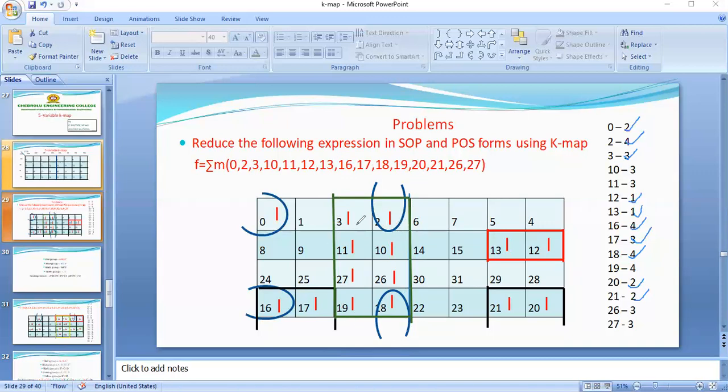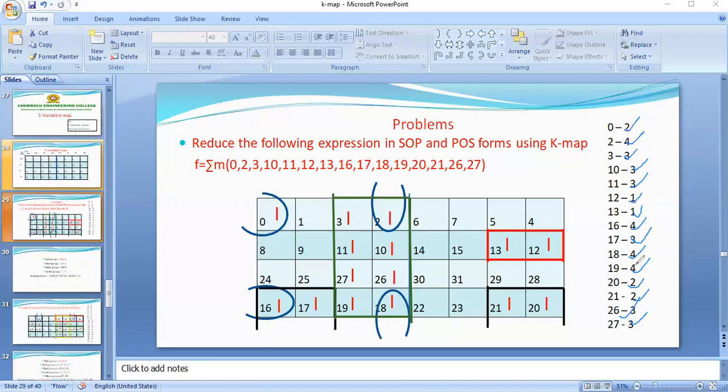So what are the minterms involved in this group? 3, 11, 10, next 27, 26 and 19 also involved. See here, all the given minterms are involved in grouping.